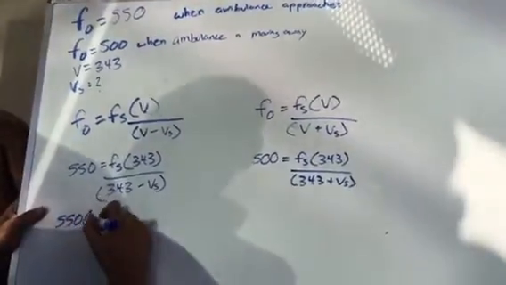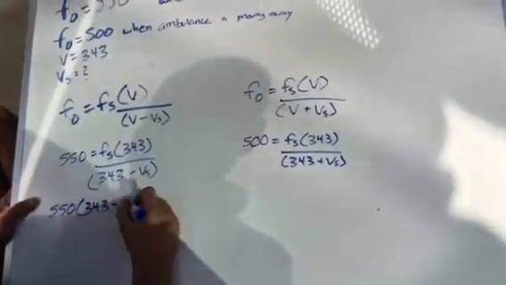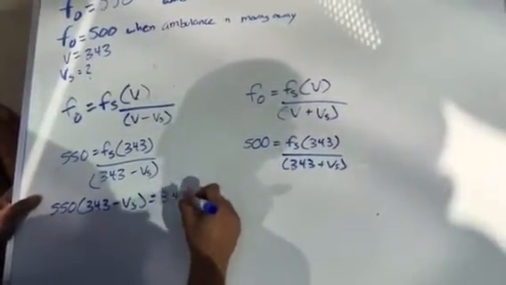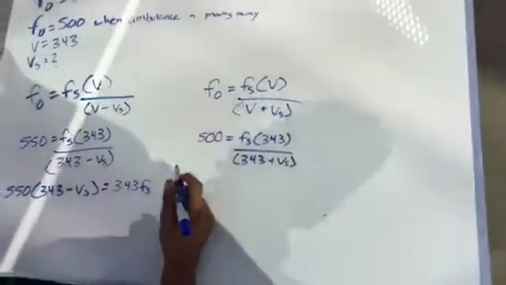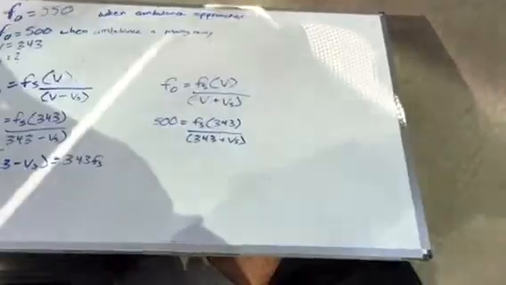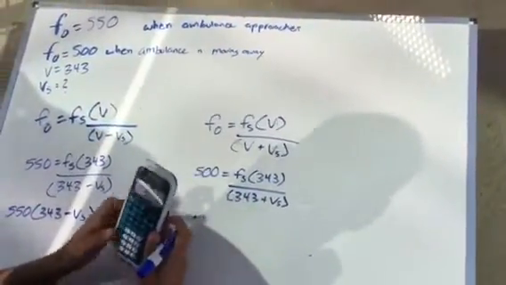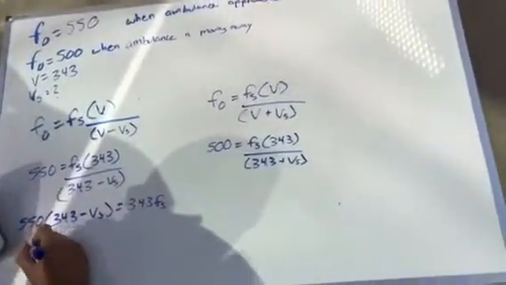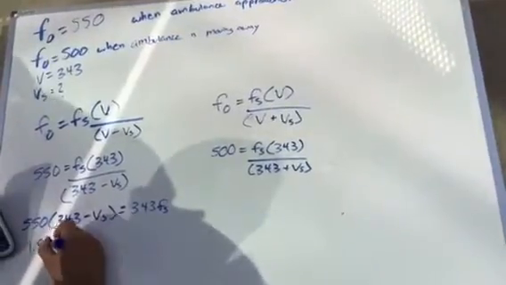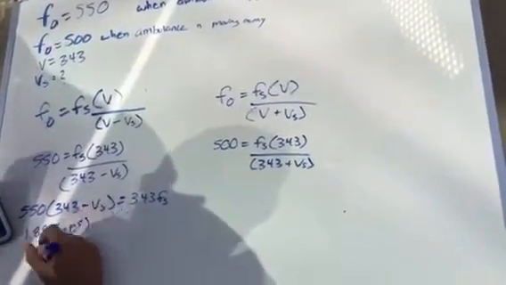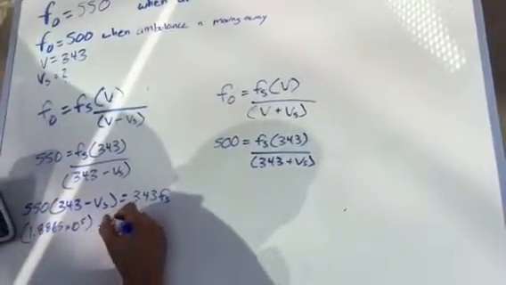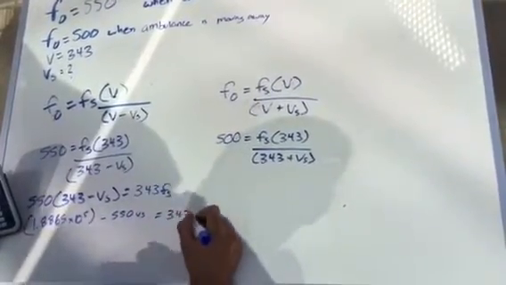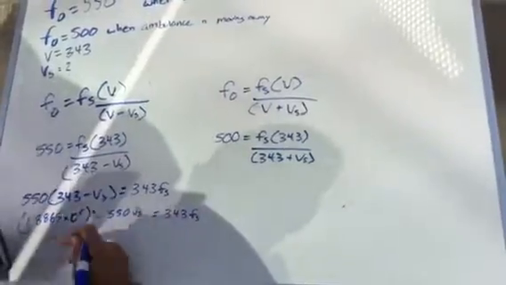So 550 times (343 minus Vs) equals 343 Fs.